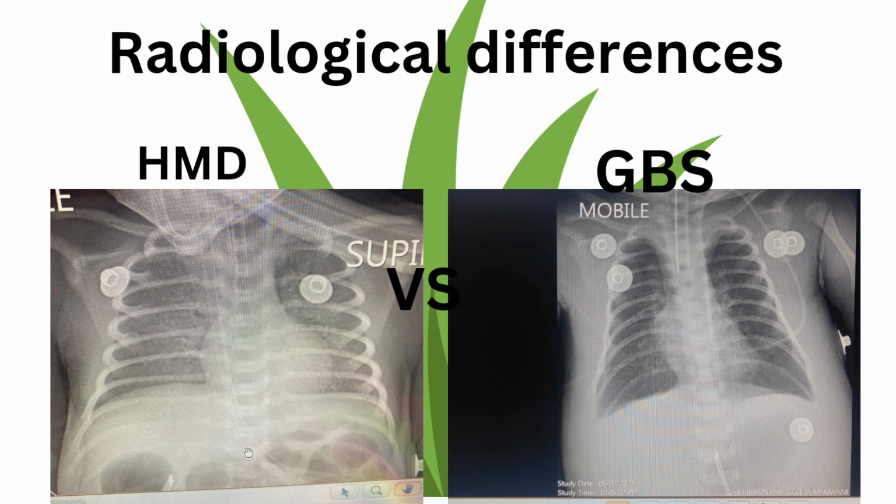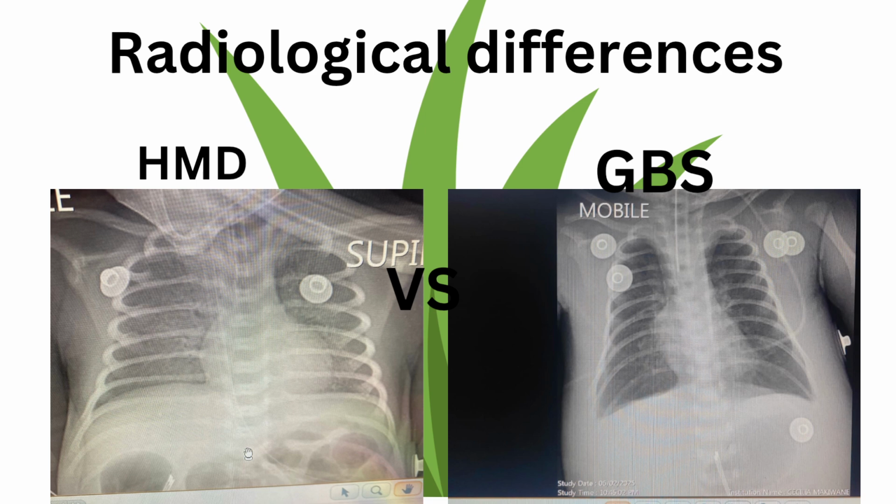What usually makes them look the same is the fact that sometimes the two diseases can actually overlap. They can coexist in one patient. You have a patient with an HMD with a superimposed GBS pneumonia, then the x-ray will actually look the same as that of a patient with GBS pneumonia.